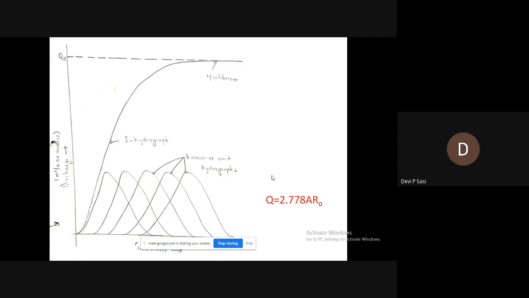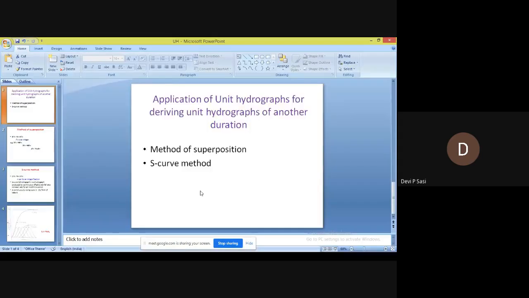So the S hydrograph is a summation hydrograph and it represents the summation of all these successive unit hydrographs. That is about the S-curve method. Thank you.